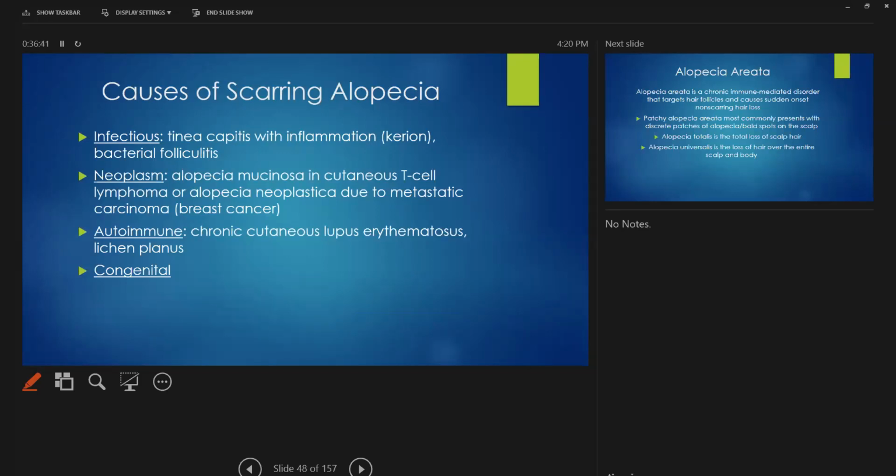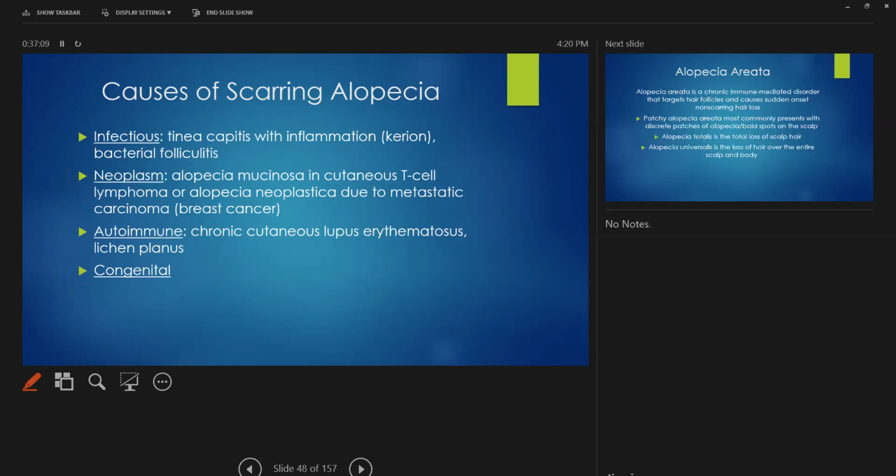So causes of scarring alopecia, these are more of your infectious type processes and other pathogens, but it could be tinea capitis, which if it has inflammation, it's considered a kerion, or bacterial folliculitis. Neoplasms can also cause scarring hair loss.